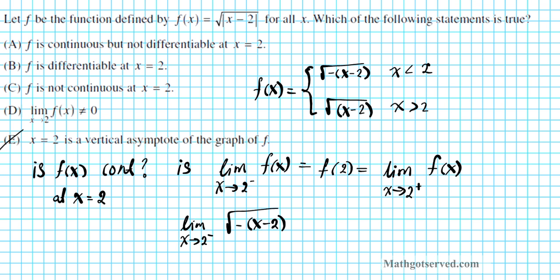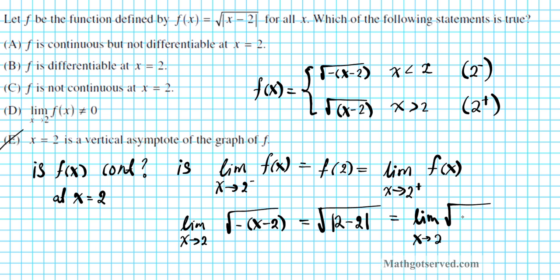Now since we're already approaching from the left, we don't need to carry this directionality here. We just take the negative piece. And then f of 2 simply involves plugging 2 into this function, the square root of the absolute value of 2 minus 2. Is that equal to the limit as x approaches 2 from the right? Just involves taking the positive. So remember this is 2 from the left, and this is 2 from the right. So it's going to be x minus 2.